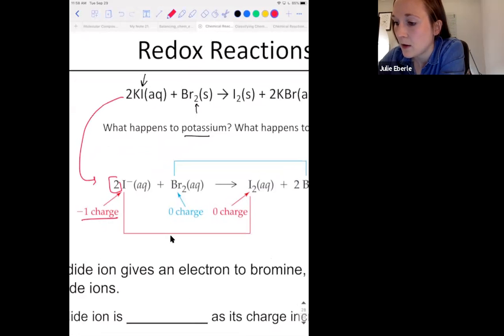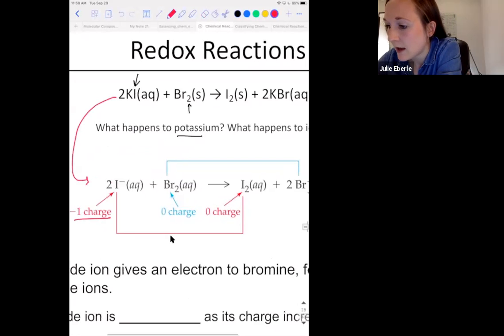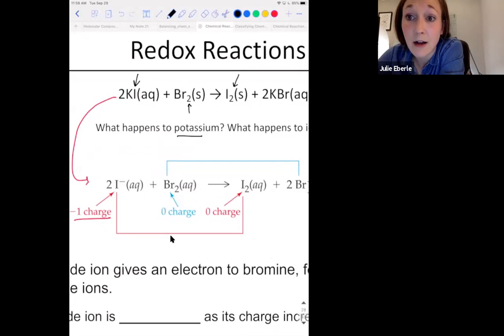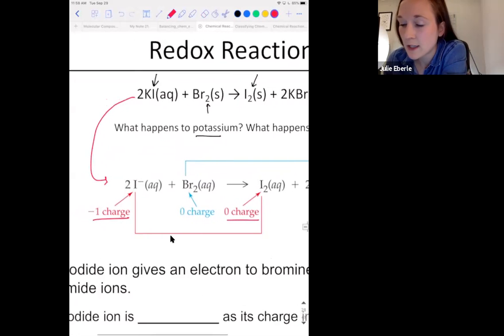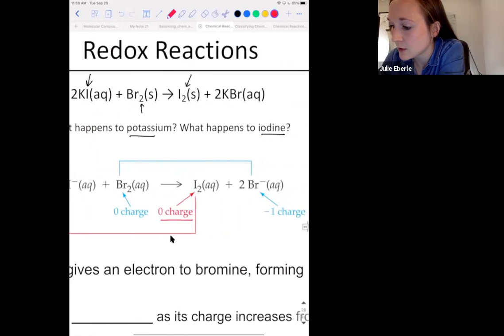Okay. Now, let's look at what happens on the product side. We have iodine right here. It's by itself. Anything in its elemental state by itself has 0 charge. It's neutral. So iodine goes from -1 to 0.